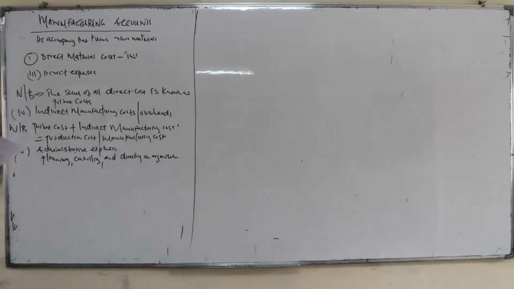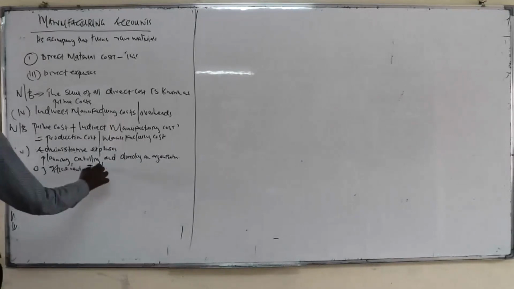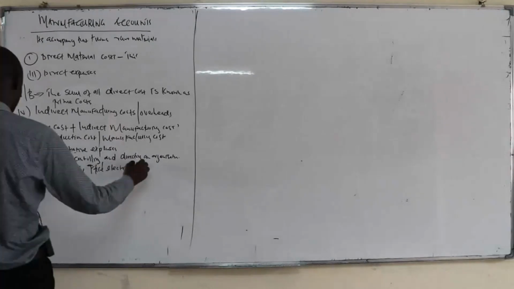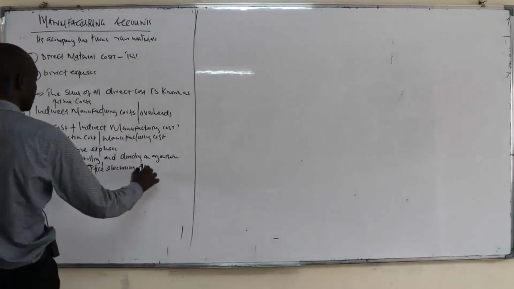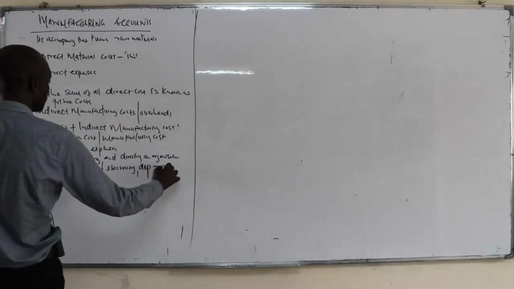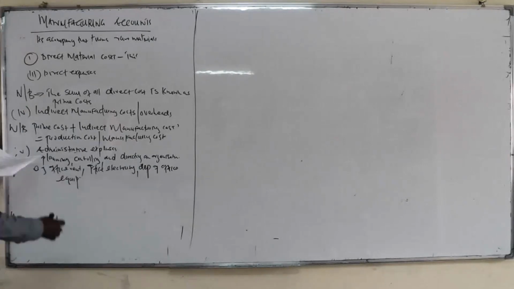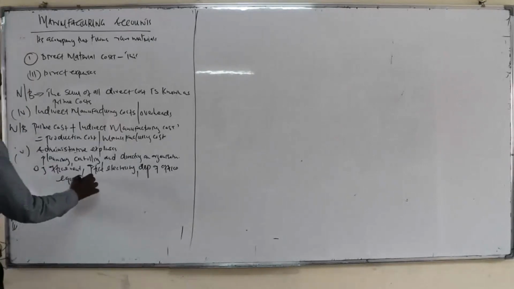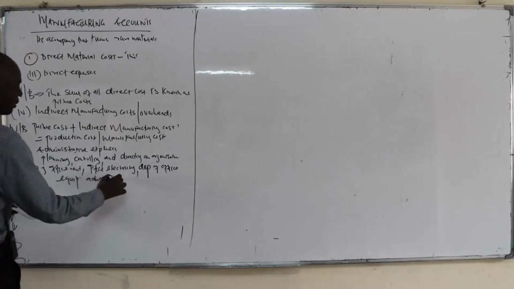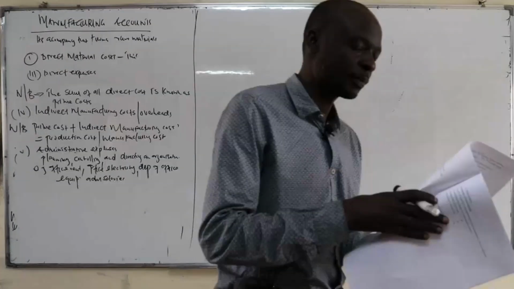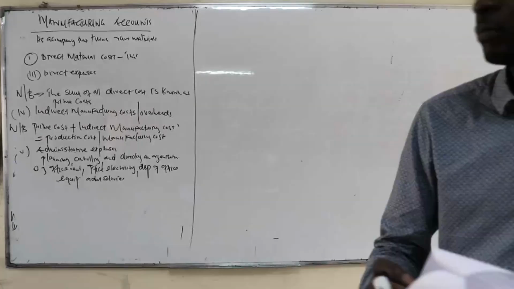E.g. office rent, office electricity, depreciation of office equipment, administrative salaries, etc.